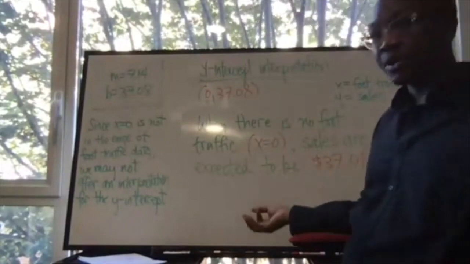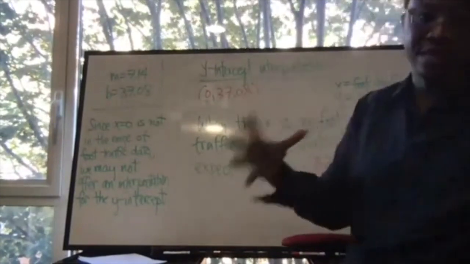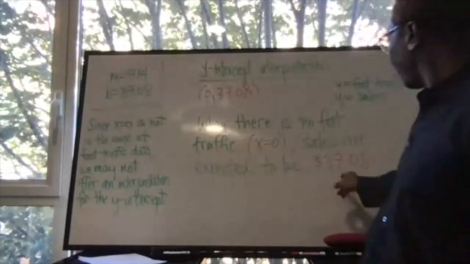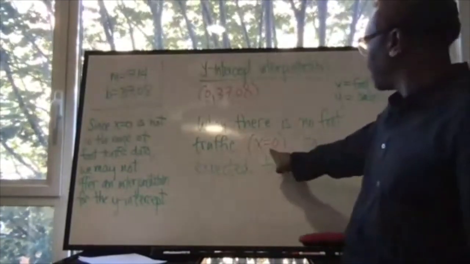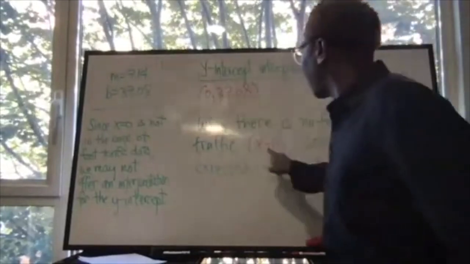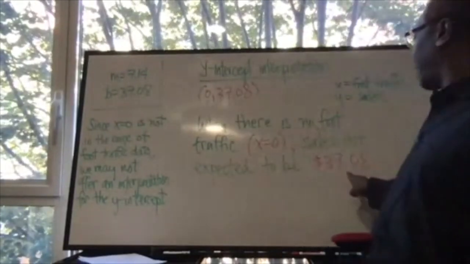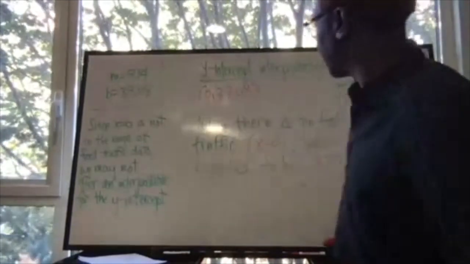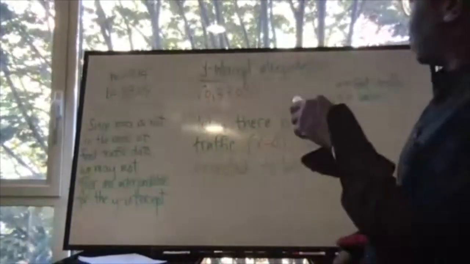I'm saying the sales are expected to really be $37.08, right? So you understand the difference there, right? So here is the interpretation of 0, the X part, and then here is your B, this number right here.